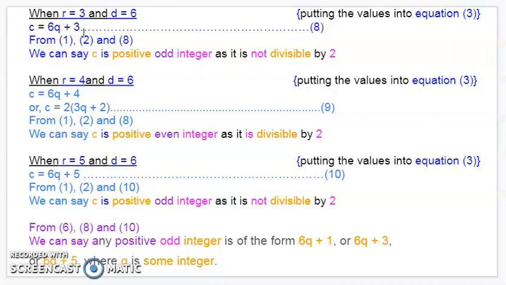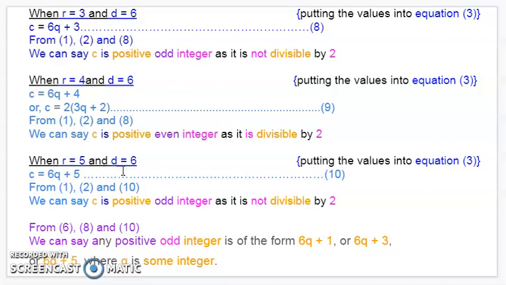So 2 is not taken as a common factor here. Next, when r equals 4 and d equals 6, we put it in the lemma and get 6q plus 4. Here again 2 is a common factor, so we can say c is a positive even integer as it is divisible by 2.